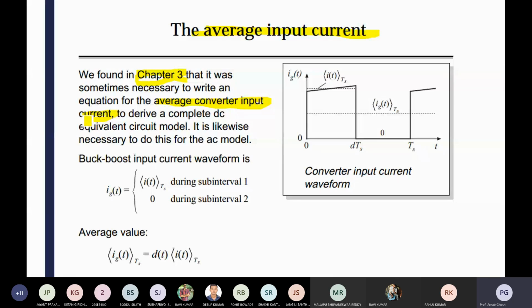That's why we go for a different topology of the boost converter, the interleaved boost converter.